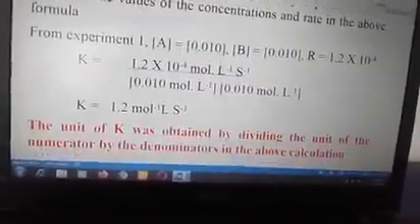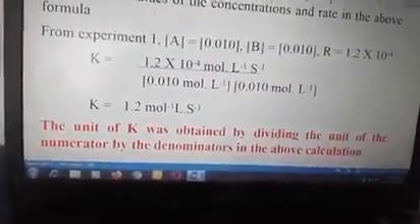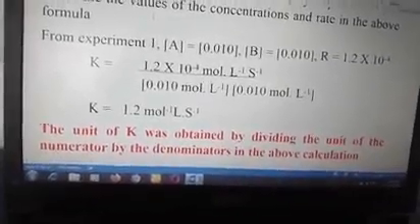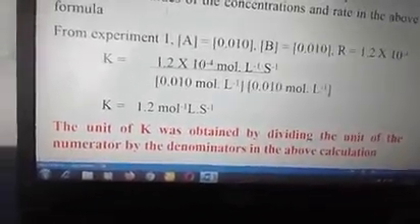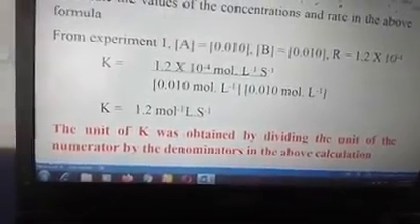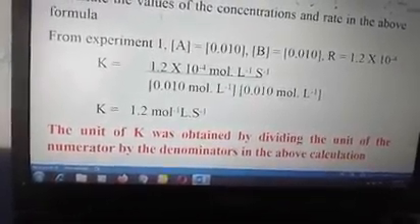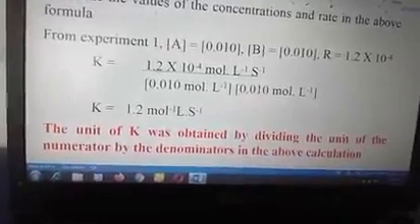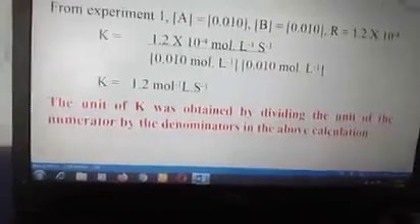So when we solve, we have our rate constant as 1.2 per mole liter per second. So how do we obtain the unit of K? The unit of K is obtained by dividing the unit of the numerator by that of the denominator. So we look at what we have there.